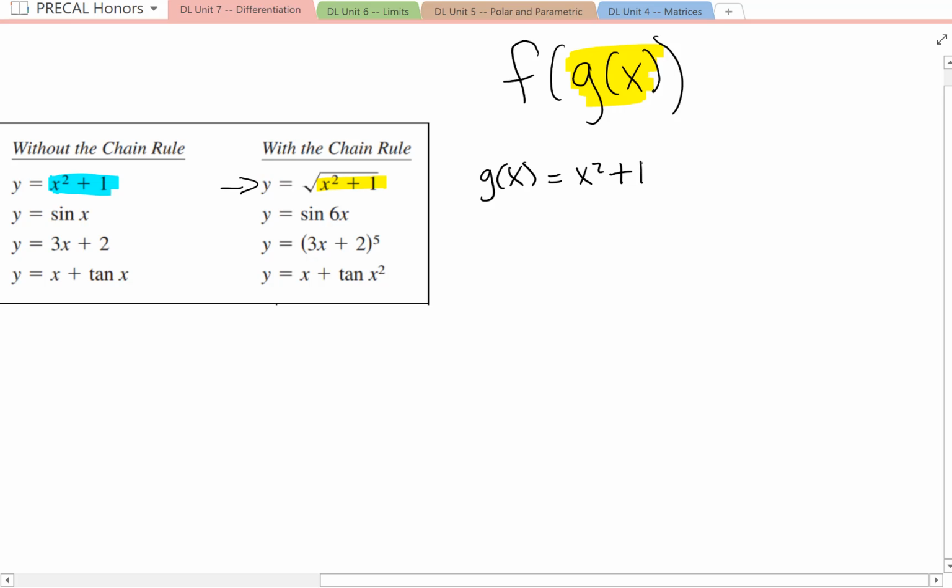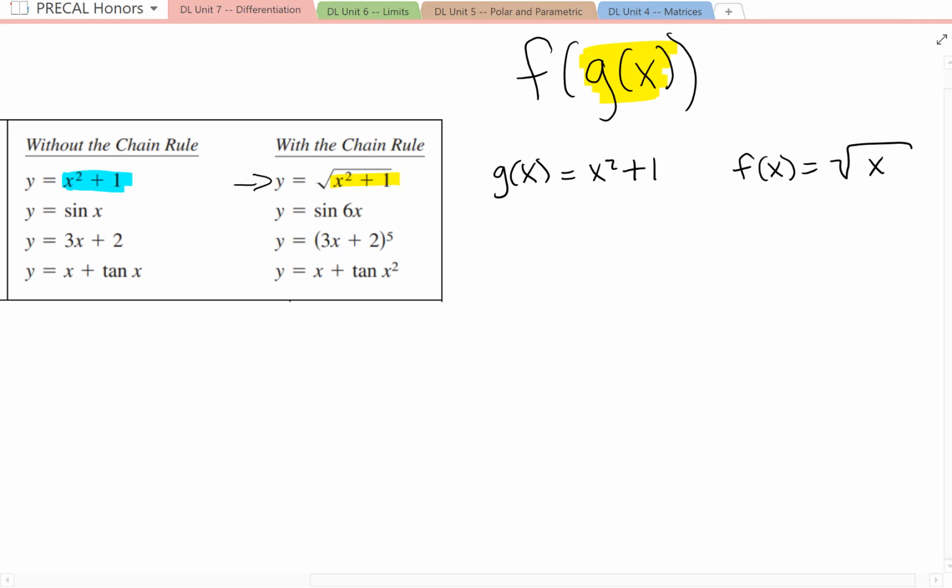But then it's all under the f function, which is a root. So the f function is square root of whatever is underneath it. We'll call it x.